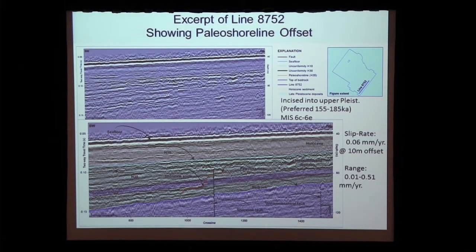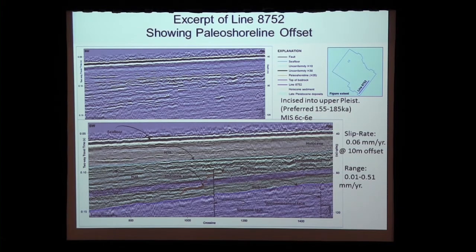And again, if we use one of our own profiles in this area here, we can see where we've mapped a vertical offset of the shoreline angle in here, and it's cut into upper Pleistocene strata. Therefore, we say it incised upper Pleistocene. We have a preferred date of 155 to 185,000 years.